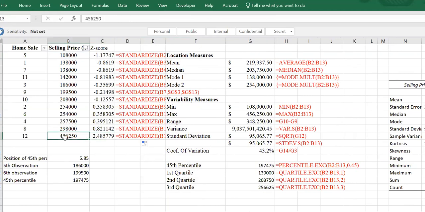So this value is far from the center of the distribution by almost 2.5 standard deviations. So it shows that this value is on the right side of the distribution and it's 2.5 standard deviations from the center. That's the meaning of it.